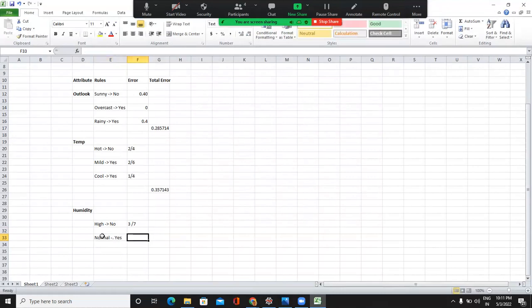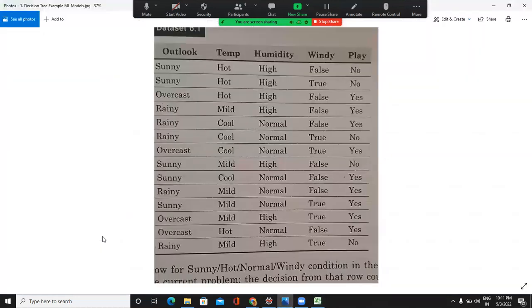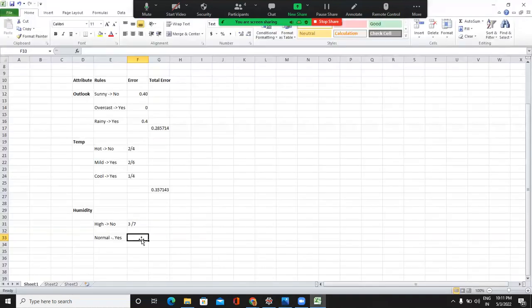If we choose that rule, we will be wrong only once, only once it is normal no. Otherwise, it's all normal yes. Whenever humidity is normal, the person decides to play. So only once we will be wrong if we choose normal yes as a rule.